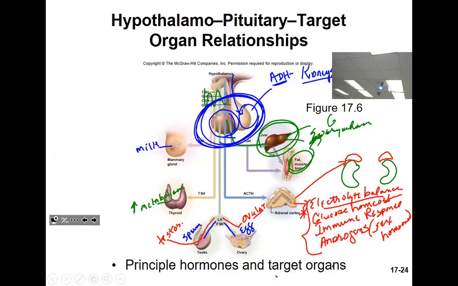So I want you to think about this. If ADH targets the kidneys that are filtering blood plasma, it means that you're pulling back in water. So are you making as much urine if you're secreting ADH as you would if you weren't? No, so your urine output goes down. But that's not the function. What we care about is that if ADH is being made, blood volume is being kept up.